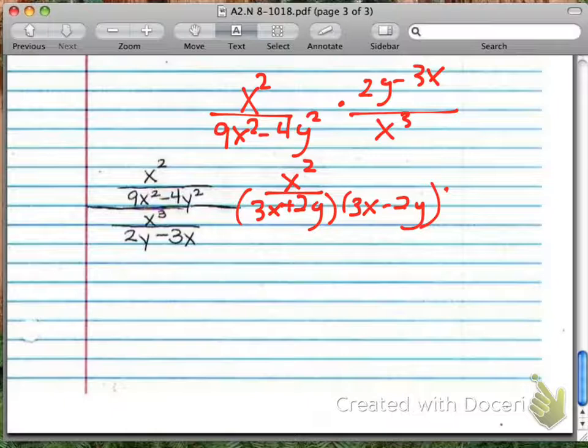Times, hopefully we can fit this in there. Can I factor anything out of the top? No, right? 2y minus 3x, right? Okay, over x cubed.